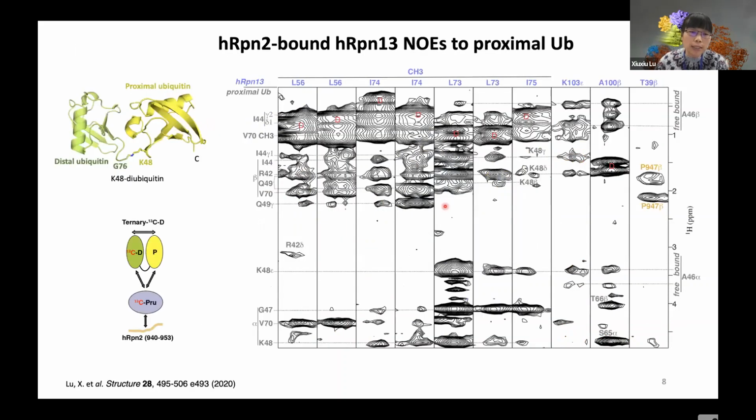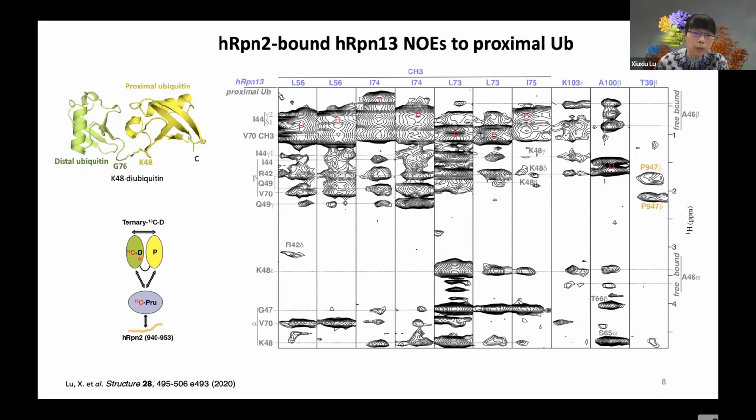So I made a series of samples. Before that, I want to clarify what proximal ubiquitin and distal ubiquitin are. This is K48 diubiquitin. The ubiquitin with a free C-terminus that can be attached to substrates is called proximal ubiquitin. The ubiquitin whose C-terminus forms an isopeptide bond with lysine 48 of the proximal ubiquitin is called distal ubiquitin.